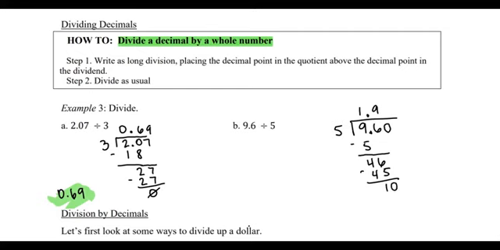In our case, we only need to do it once, because 5 goes into 10 exactly 2 times. Now we do not have any more digits. When we subtracted our last partial product, we got a 0. So 9.6 divided by 5 is 1.92.